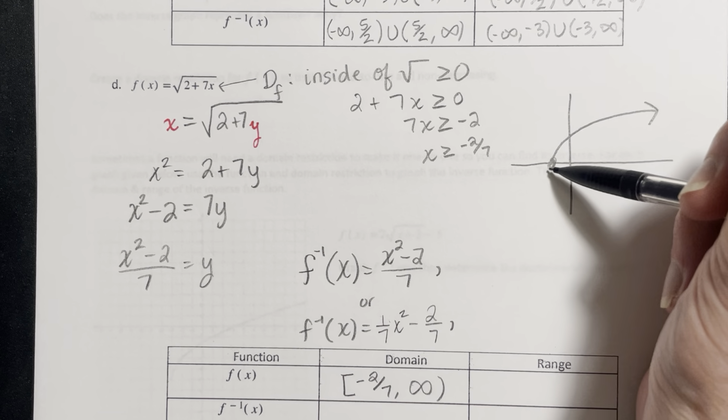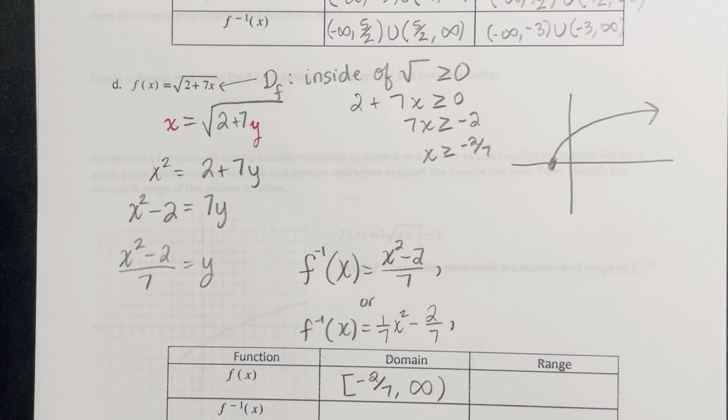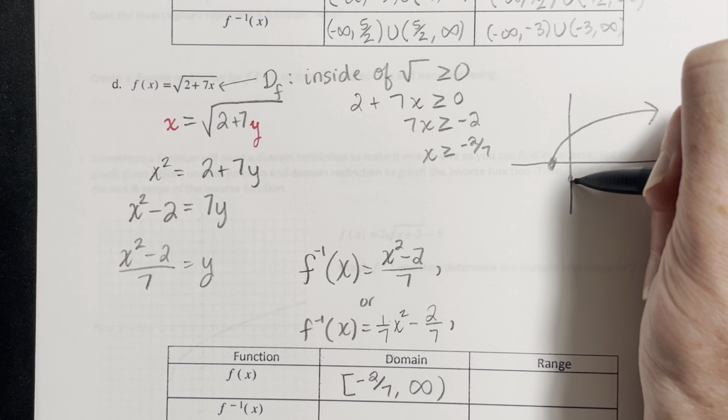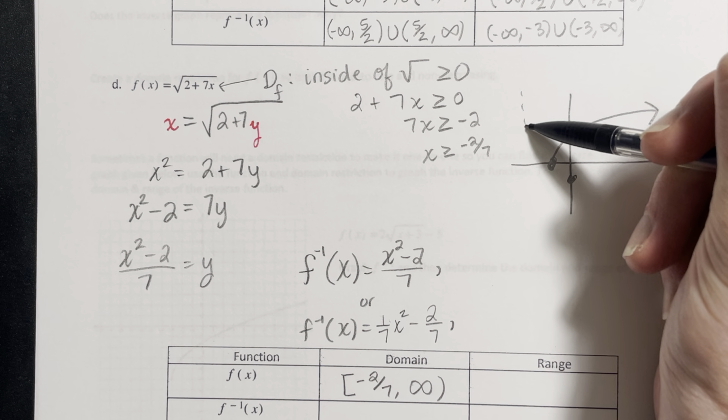It would start at -2/7 and go off to the right towards +infinity. The inverse function that we just graphed was shifted down 2/7. It would have a y-intercept of -2/7. And I'll do this as a dotted line.